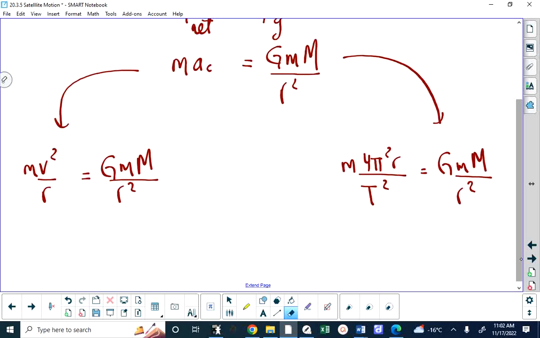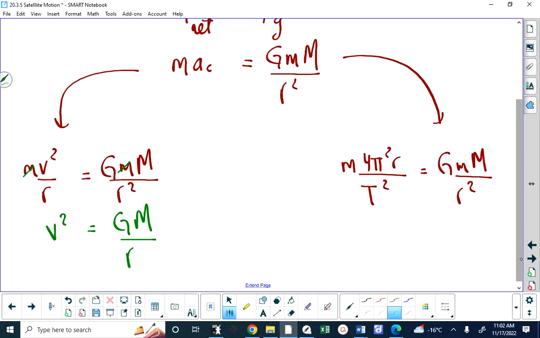So over here, what I'm going to do is cancel the masses of the satellites. That's the mass of the satellite in orbit around Jupiter. I can cancel as well one of the r's. In other words, mathematically, I'm just multiplying both sides of this equation by r.